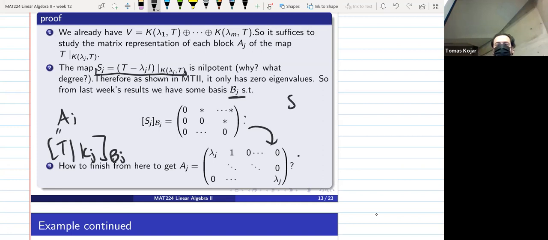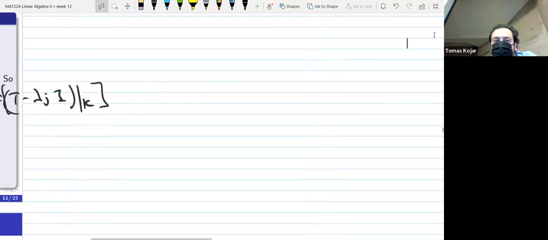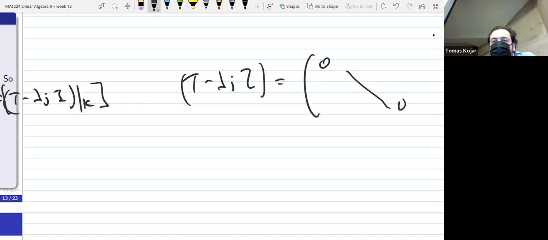S_j is equal to T minus lambda_j I restricted to K, and there's linearity in the representation. You just showed that T minus lambda_j I is a matrix with zeros, and you just move it to the right.